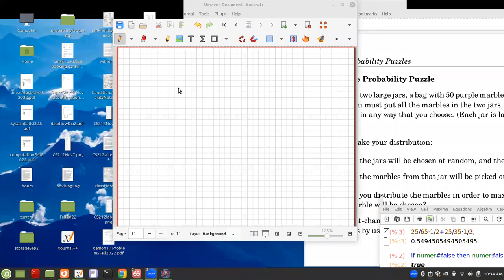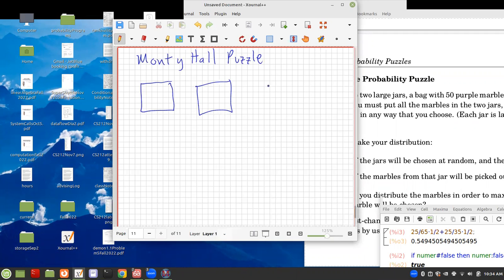Now let's look at the Monty Hall puzzle. To review, there's a game contestant that has 3 curtains, and they choose, say, A, B, or C. So the contestant chooses one.